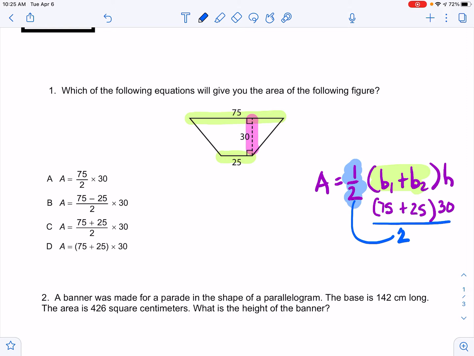Okay, and now if I come back over here, area is equal to 75 plus 25 times 30 divided by 2. So when you say half of something, you're dividing it by 2.